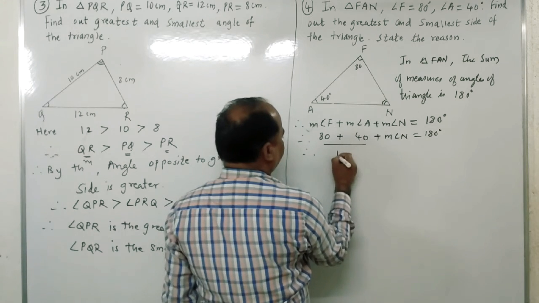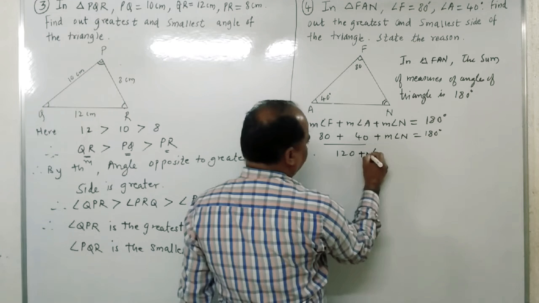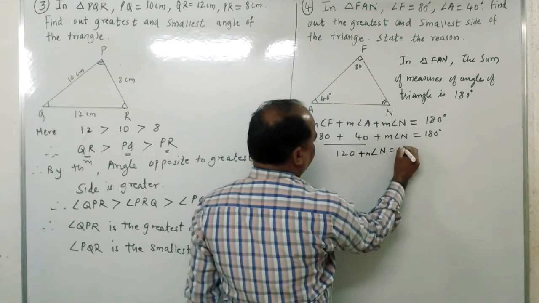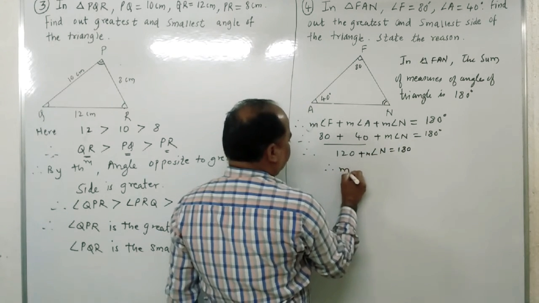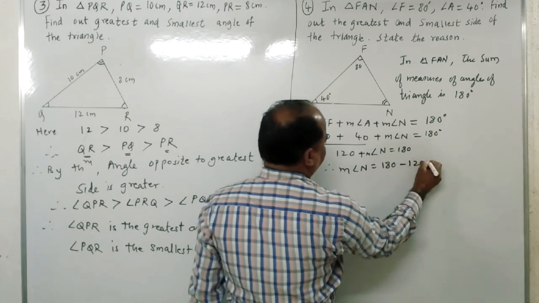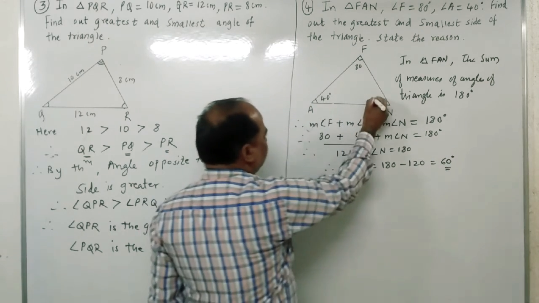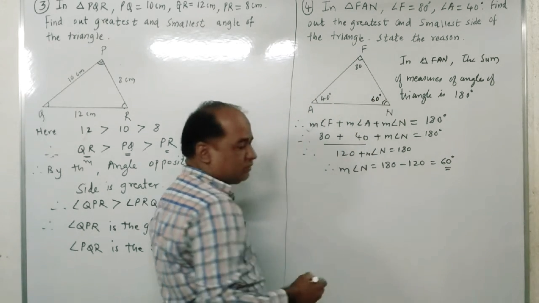Therefore, 80 plus 40 is 120 plus measure of angle N is equal to 180. Therefore, measure of angle N is equal to 180 minus 120, which is equal to 60 degree. So angle N is equal to 60 degree.